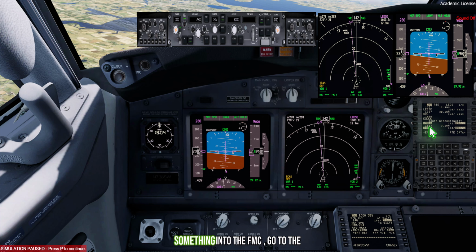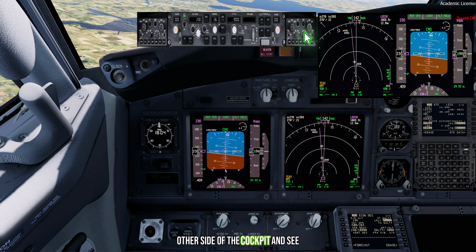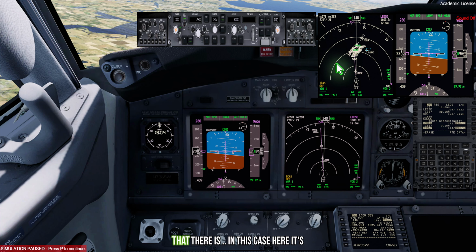Anytime you're loading something into the FMC, go to one side of the cockpit and see that there is, in this case here, it's still a long way off, so they're all really condensed here because part of this is the continuation of the Lisi arrival, and another part of this is waypoints for the approach.